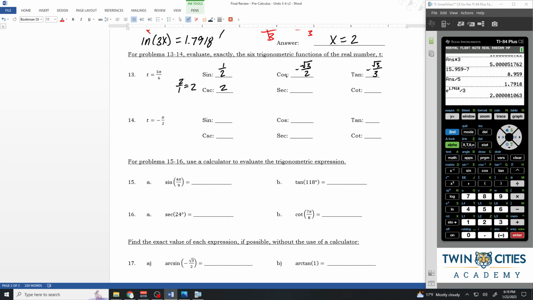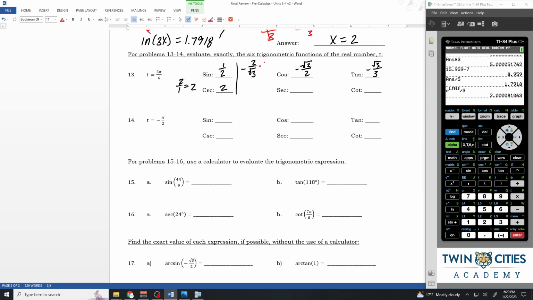But for the cosine, this is negative square root of 3 over 2. If I flip that upside down, let's do that over here, I've got negative 2 over the square root of 3. While that is the secant, I don't like that answer because I've got the square root of 3 in the denominator. So what I'm going to do is rationalize the denominator.